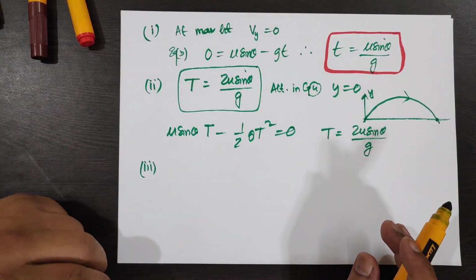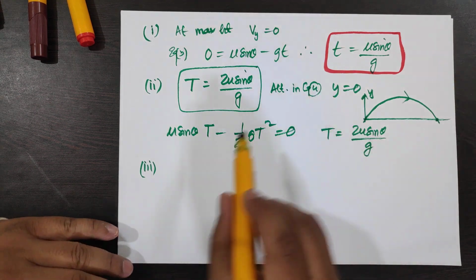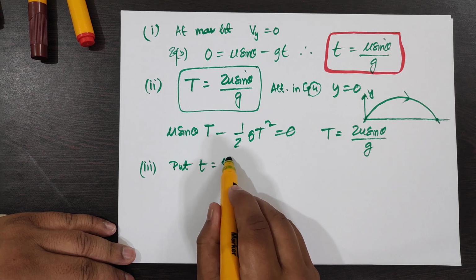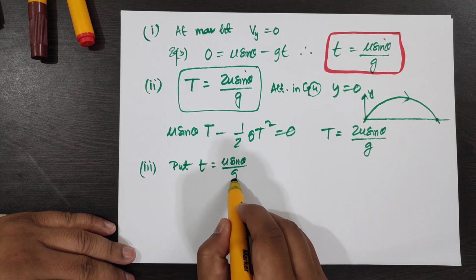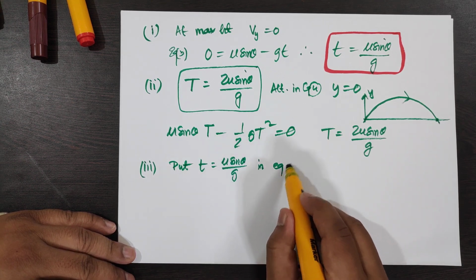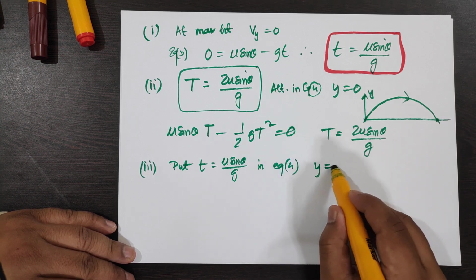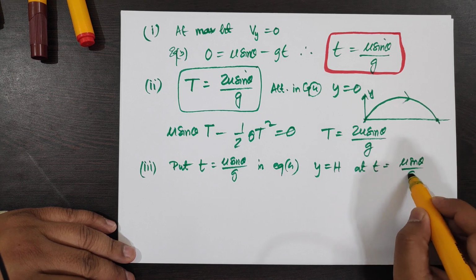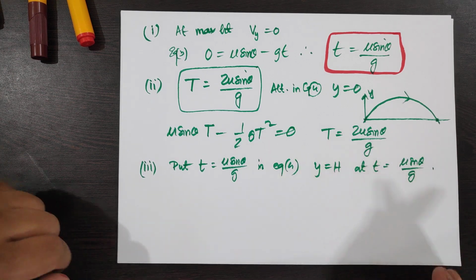There is a way you can find maximum height. That is, substitute t equal to u sin theta by g in equation 4. Then y equals h at t equal to u sin theta by g. That is also one way of doing it.